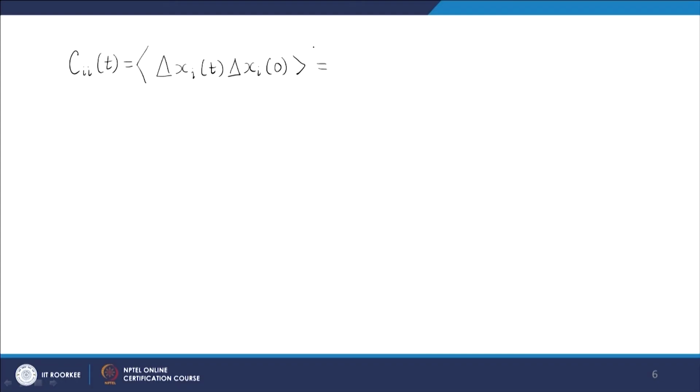So, by time translational invariance, this has to be equal to delta xi 0 delta xi minus t, because again we have a difference of t, 0 minus of minus t is t.